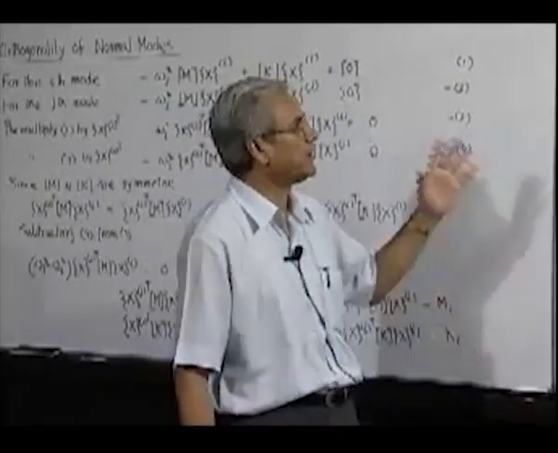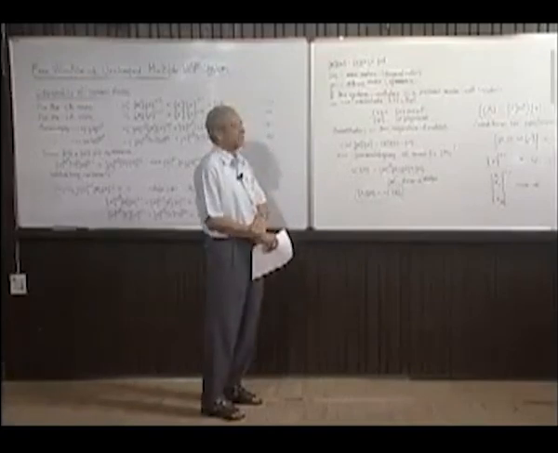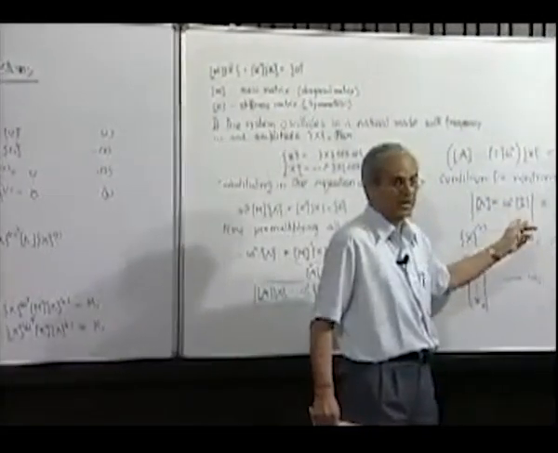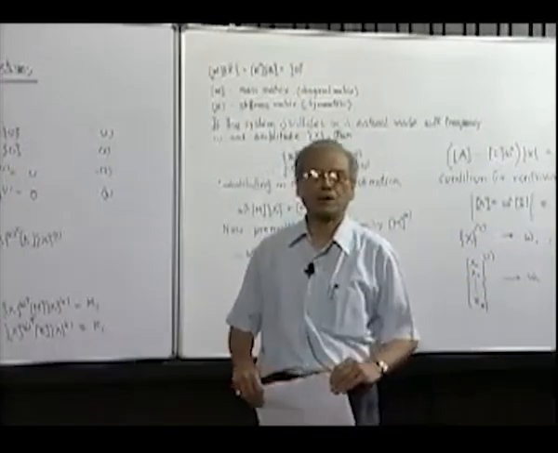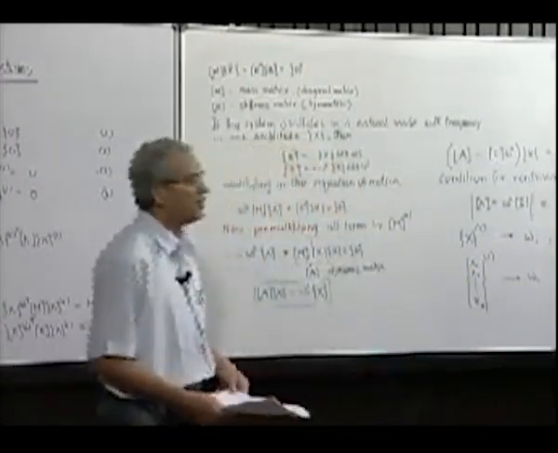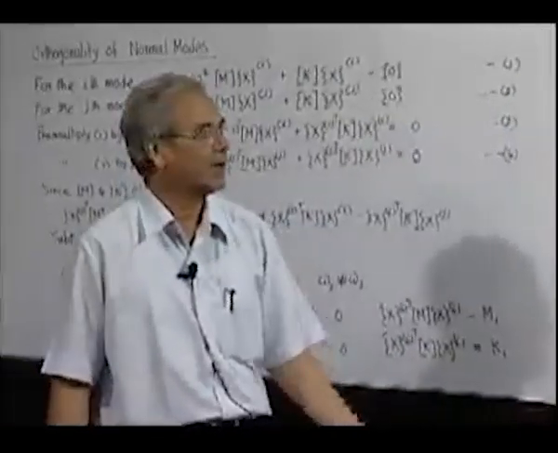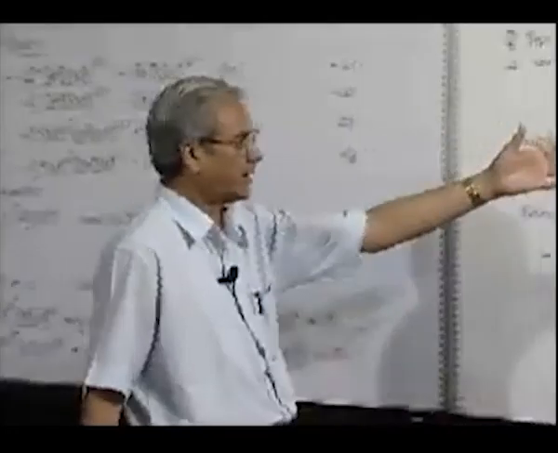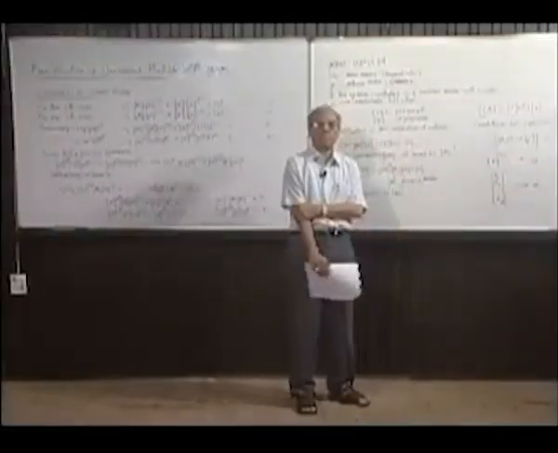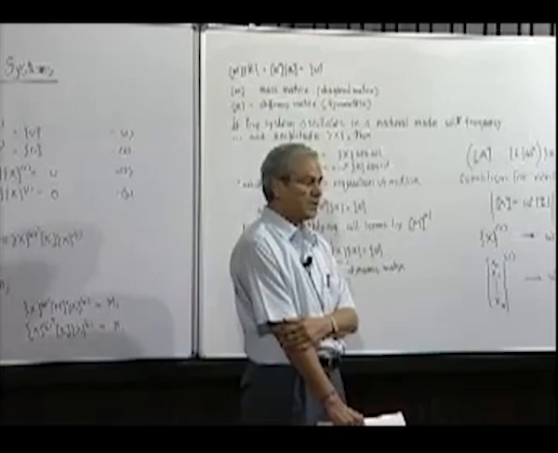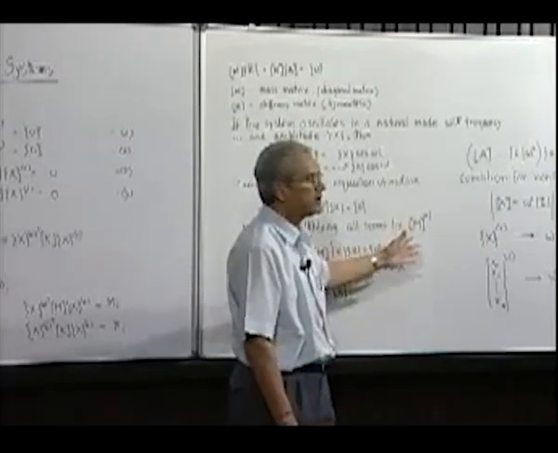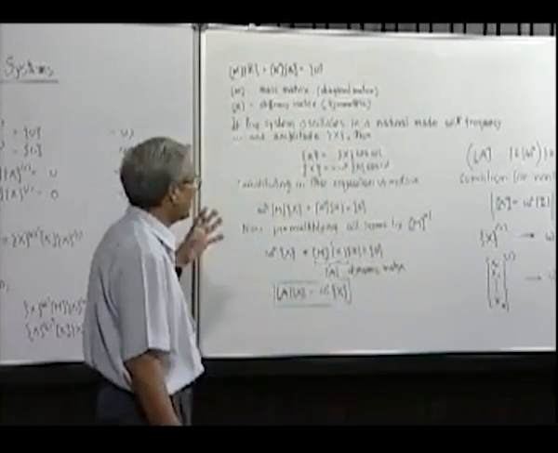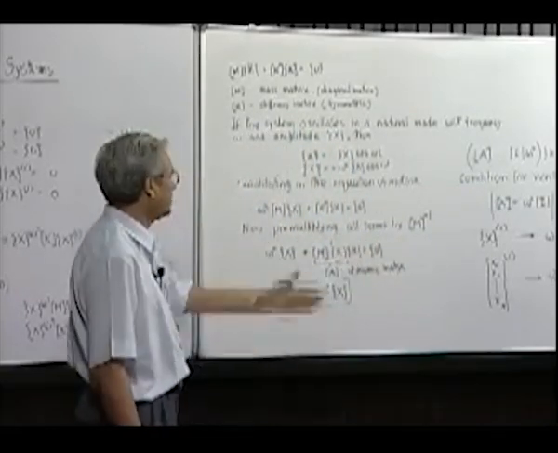So, when capital N, that is the degrees of freedom, is very large, then solving this equation directly becomes a serious problem. And that is why many methods have been devised which can be applied to simple engineering design problems, and these are the methods which we will now take up rather than solving the direct equation. One type of method which we call the iteration method, we will iterate the matrix and we will get the values. That is, of course, a repetitive process, but it converges to the answer after a few steps.